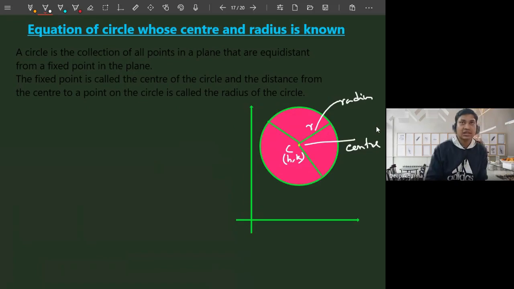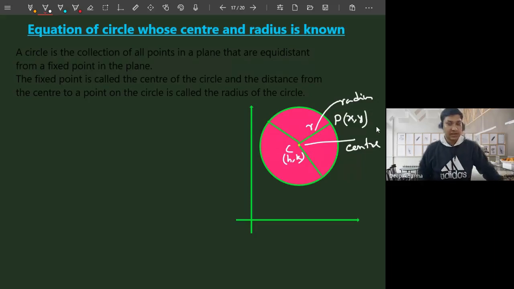Let us choose any point on the circle as P, and because it is an arbitrary point, let us consider its coordinates as x, y. So P is any point on the circle having coordinates x, y, and C is the fixed point having coordinates h, k.